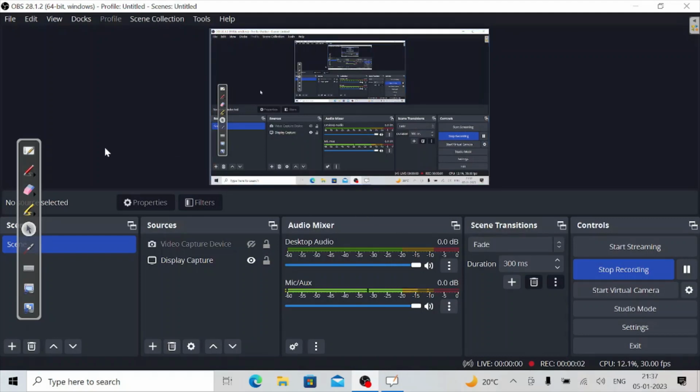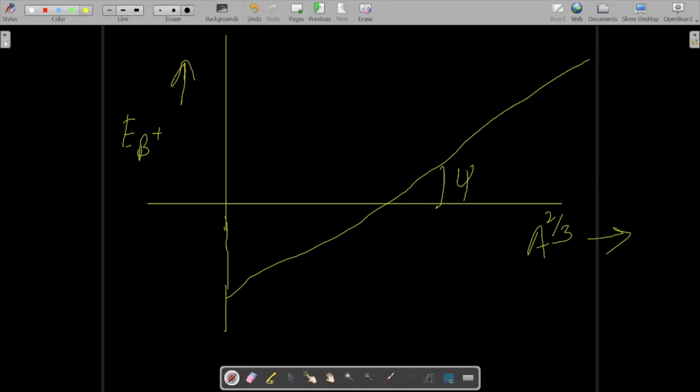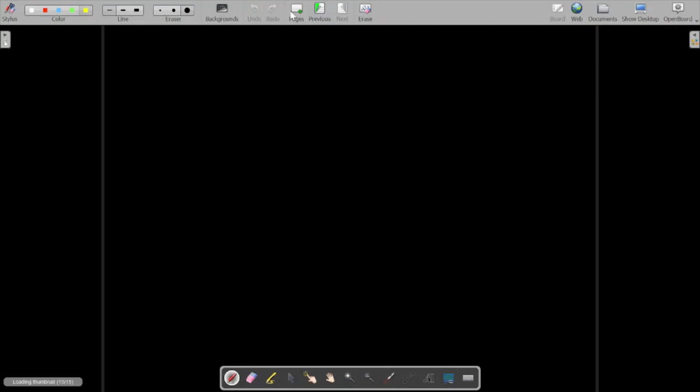So we will look at the neutron scattering method now. Again, it is also a mugging up method. So, neutron scattering method.